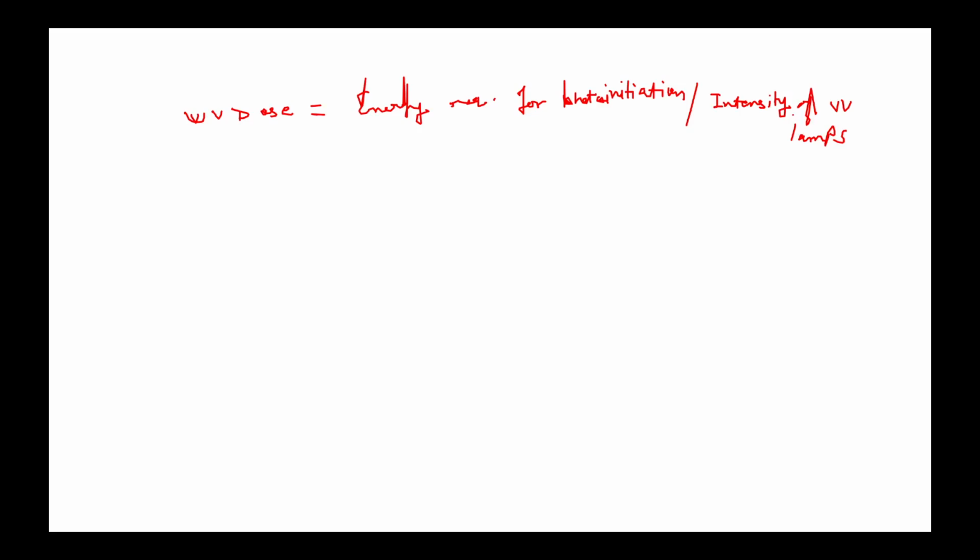But the interesting part here is that you always have to check the units which are given. If the units are mismatched, then you have to convert your units into the standard SI format. Here the energy required for photoinitiation is given in millijoule per centimeter square, so you have to convert this millijoule to joule per centimeter square.